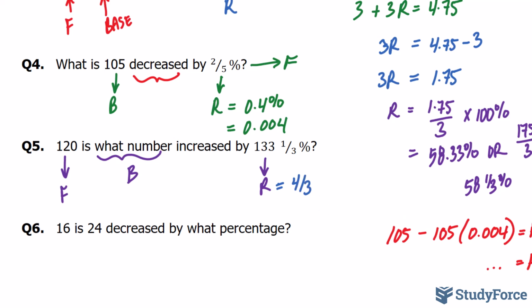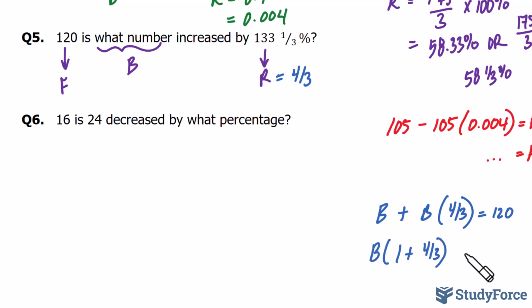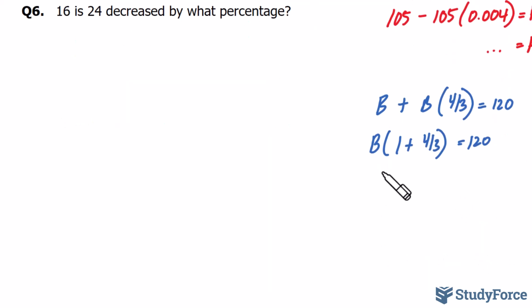And plugging this into our formula, we have B plus B times 4 over 3 is equal to 120. You would factor out a B from both of these terms, leaving you with 1 plus 4 over 3. You would combine what's in the parentheses, and it would amount to 7 over 3 times B. And finally, dividing both sides by 7 over 3 would give us our value of B.